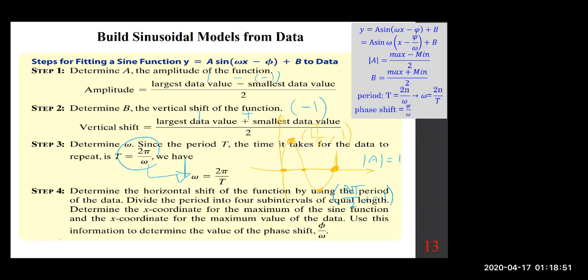You look at where it is supposed to start with 0, 0, the first 0, 0, and then the second one, the y coordinate is 0, the third one, the y coordinate is 0. The difference between the third and the first is the period. Or if you look at the distance between the peak, the max, and the mean, if you multiply that by 2, that becomes the period. I hope everybody understands what I'm saying here.